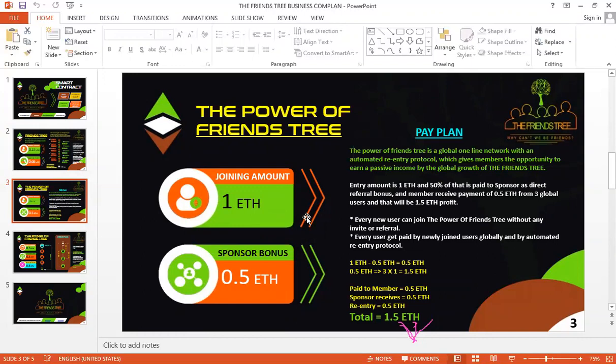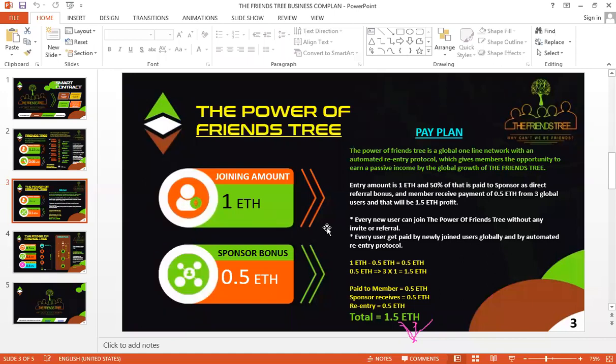And again, every user gets paid by newly joined users globally and by the automated reentry protocol. That is another brilliant integration made to this program. Basically, we need new members coming into the project to keep the system alive and running.